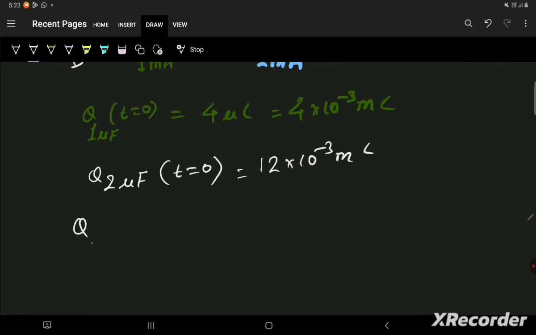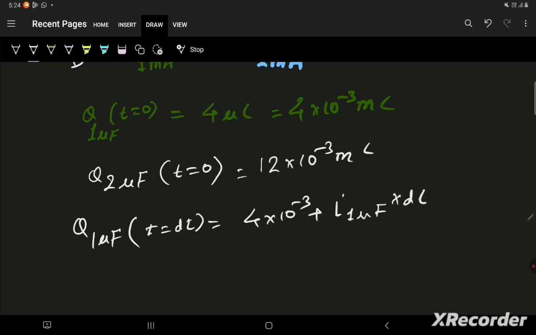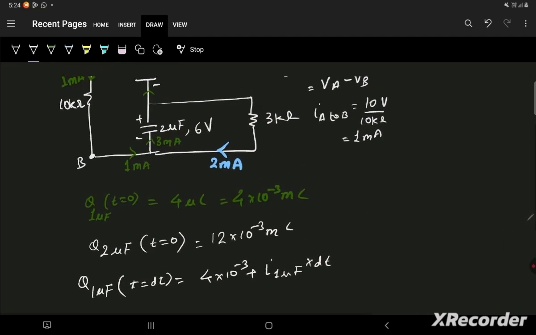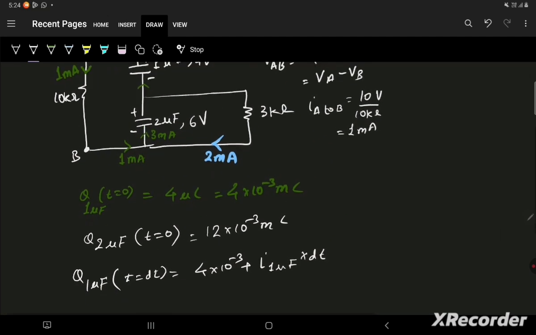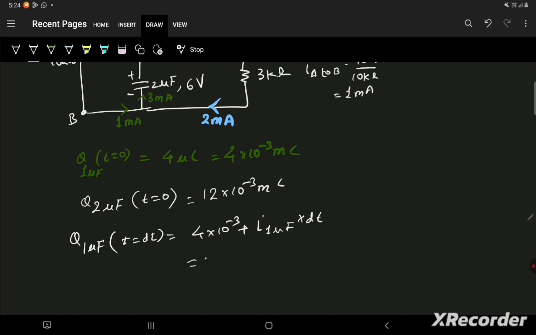Now I am assuming a time of dt. So at time equals dt, the charge on 1 microfarad will be 4 times 10 to the power minus 3 plus the current through the 1 microfarad capacitor into dt. Already we know that the current through 1 microfarad is 1 milliampere. So it will be 4 times 10 to the power minus 3 plus 1 times dt millicoulombs.